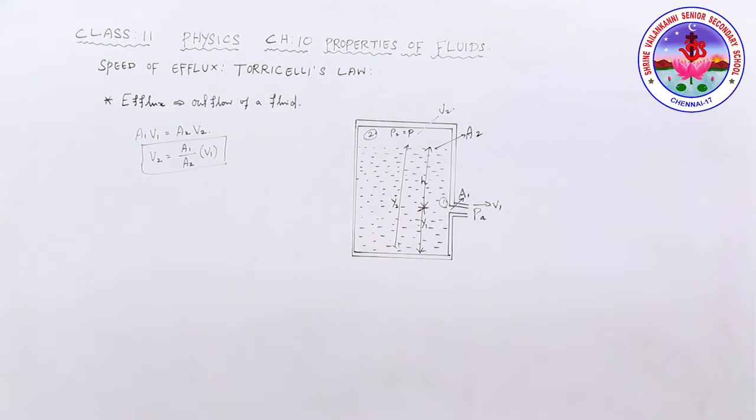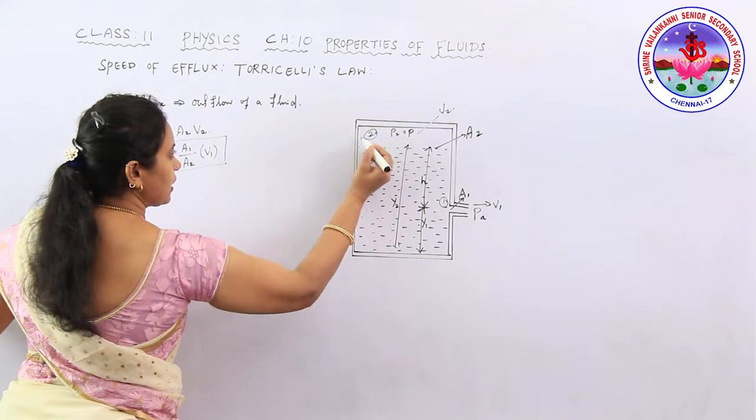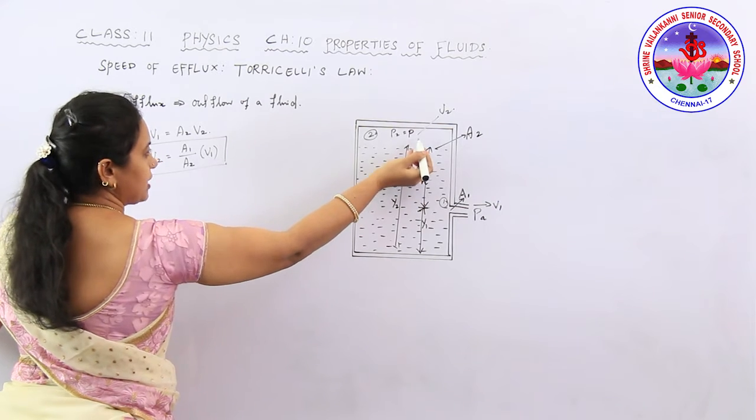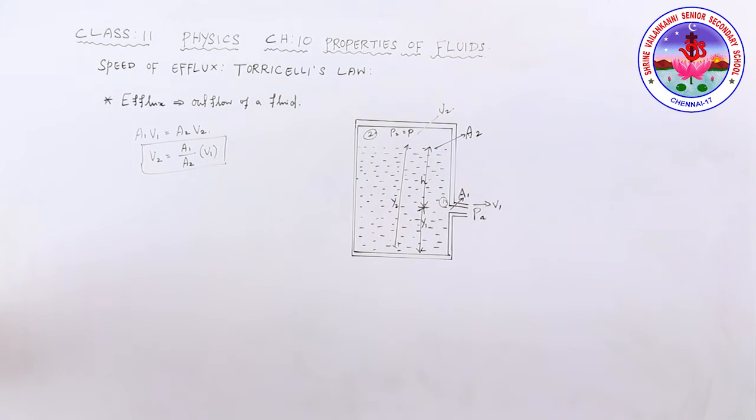Okay, now you have to know that A2 is greater than A1. So the liquid may be taken as at rest at the top, is it right? So the velocity 2 here, if the liquid is at rest, is approximately equal to 0. Is that right? So we are applying Bernoulli's equation.